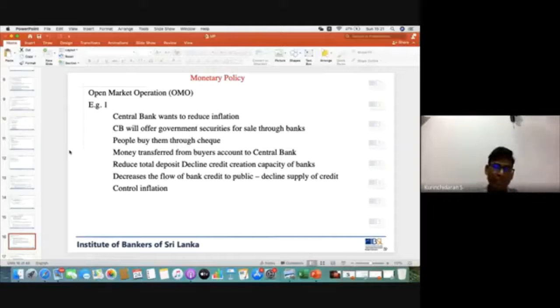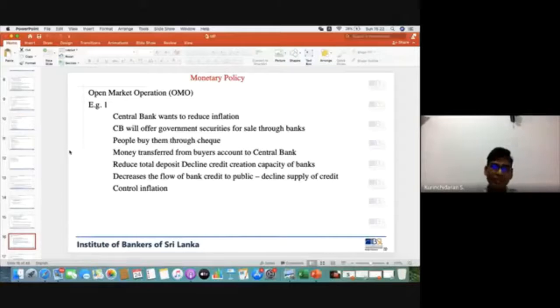So when the funds that were available to the public through bank credit are no longer available, the demand for funds declines. Let's assume you have absorbed the money from the general public into the central bank. Ultimately the people are left with little money.